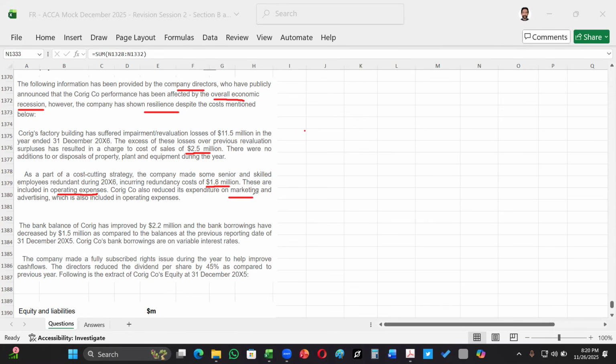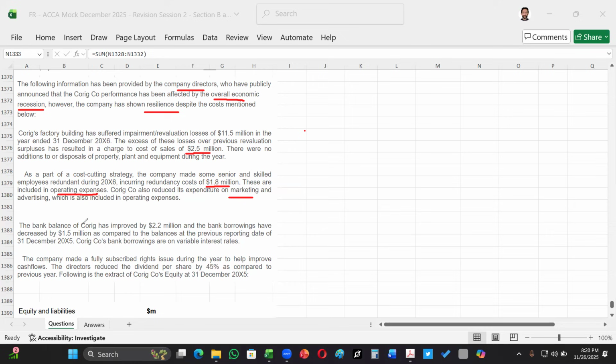This could be the reason, that they have reduced the marketing cost. So all this information is helping us make sense of the seemingly poor performance that we saw through the comparison. Okay, so there are certain costs which are not really operating costs, like the impairment loss, like the redundancy cost, and like the cut in the marketing expenditure, so that has reduced the sales.